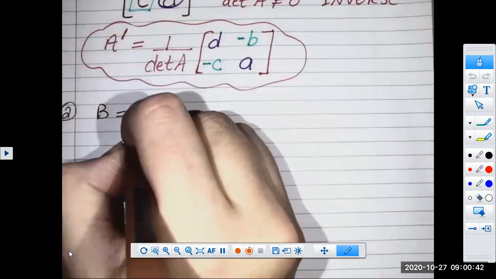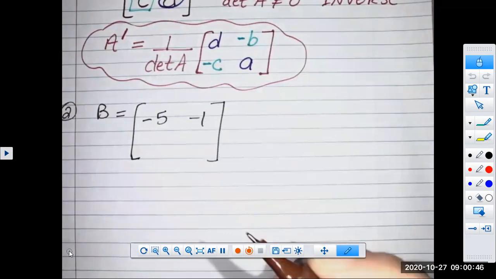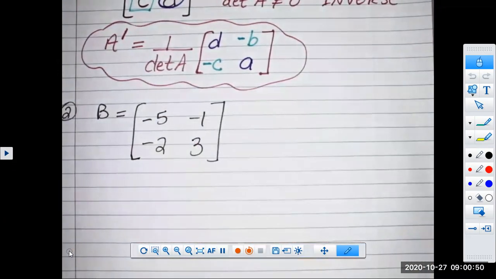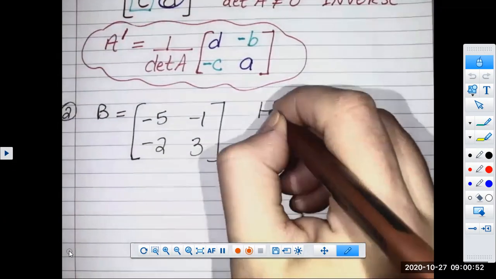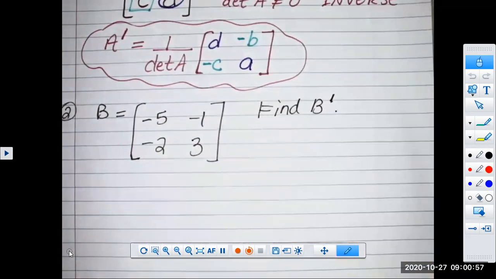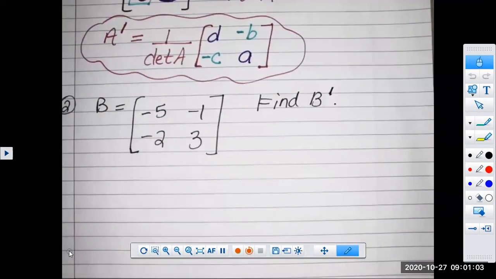So you've got matrix B is -5, -1. And they ask you to find B inverse. You have to first determine what? Good.